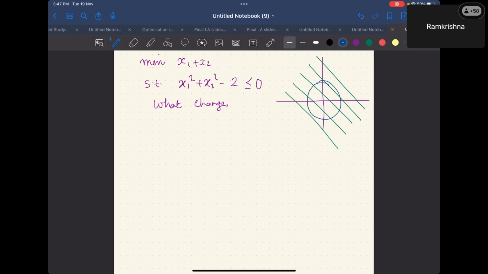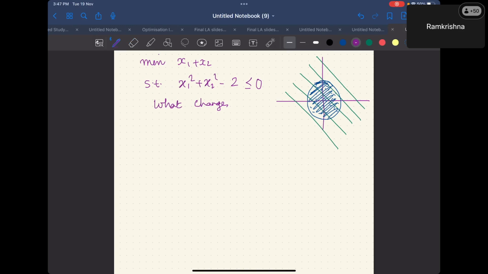My constraint was only on the boundary of the circle. But now I have not just the boundary of the circle, but even the points inside the circle. So everything inside the circle is also my constraint set now.